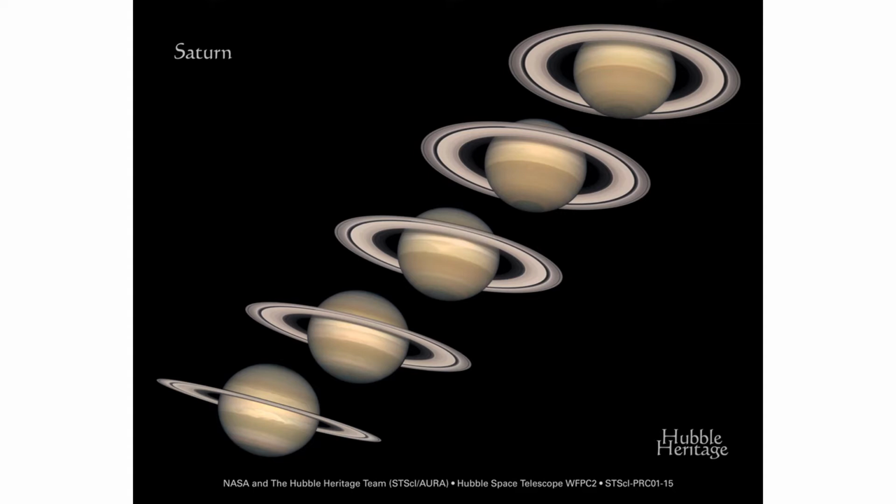One is that over time, the rings look like they're wobbling up and down, but that's not really what's happening. What's actually happening is our perspective is changing because of the relative orientations of the Hubble Space Telescope and Saturn. So that makes the angle of the rings look different.